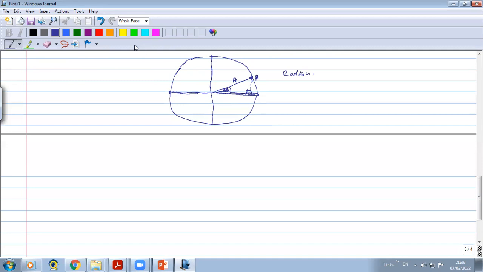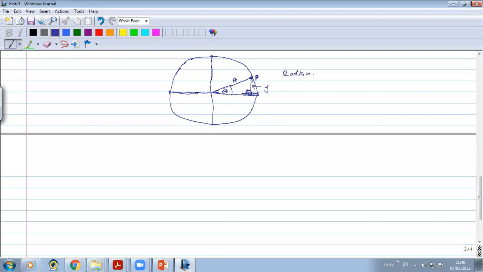let's say this angle is theta, like this. Let's say the length of this perpendicular line, from here to here, is y.